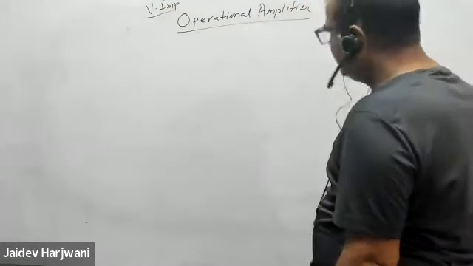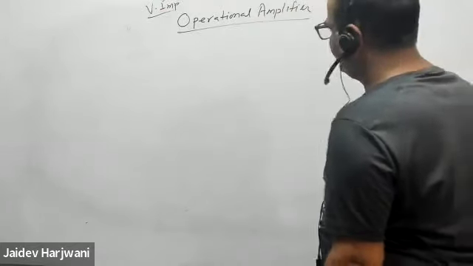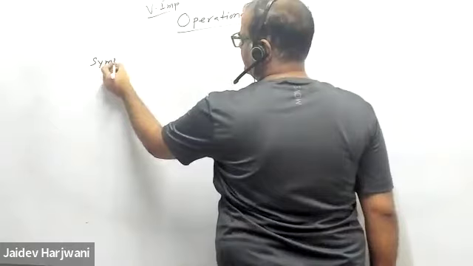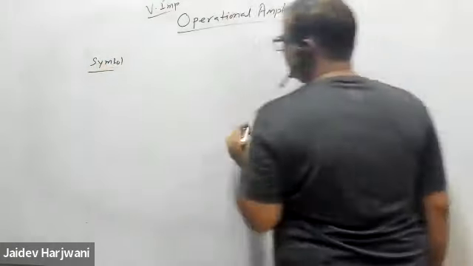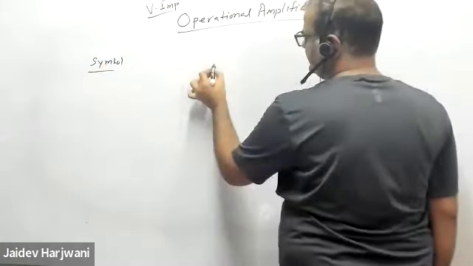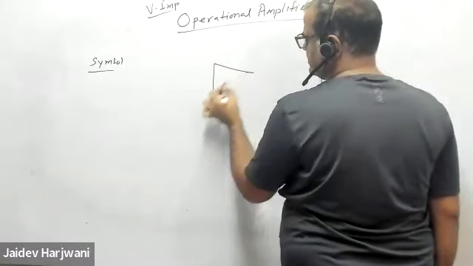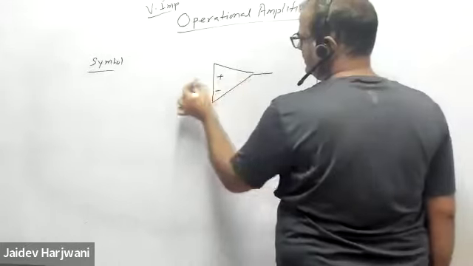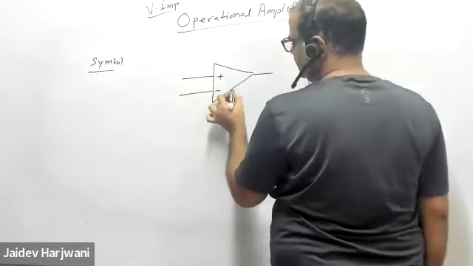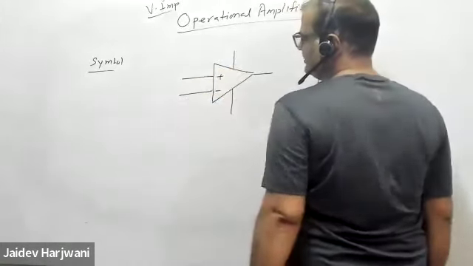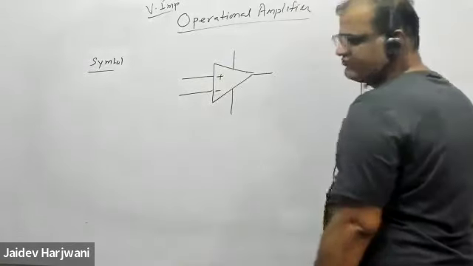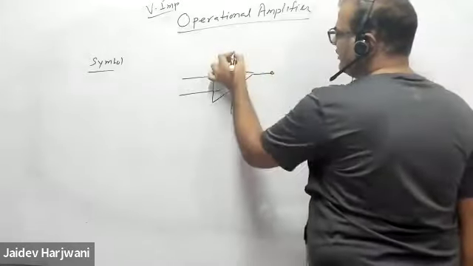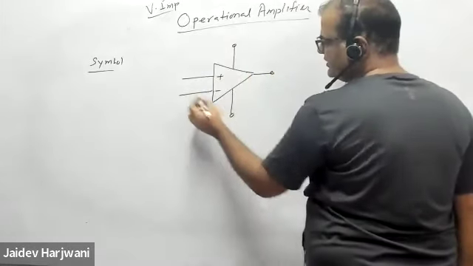Now, if I see the symbol of operational amplifier circuits, it is given like this. Plus, minus, you have 2 here, and this is your power supply. So these 5 terminals are very important. For problem solving, we only need these 5 terminals, nothing else.